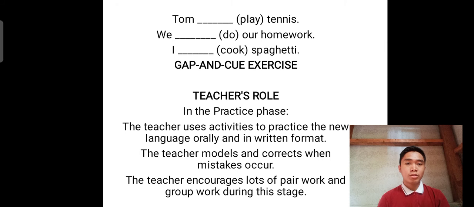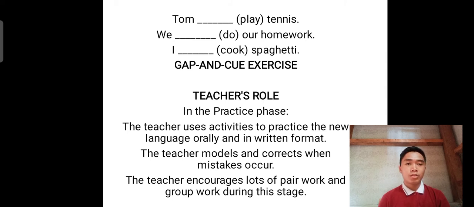So, the second example of activities in the practice stage is the gap in queue exercise. The first: Tom play tennis, we do our homework, I cook spaghetti. So the verb in the first sentence is play, the verb in the second sentence is do, in the third is cook.